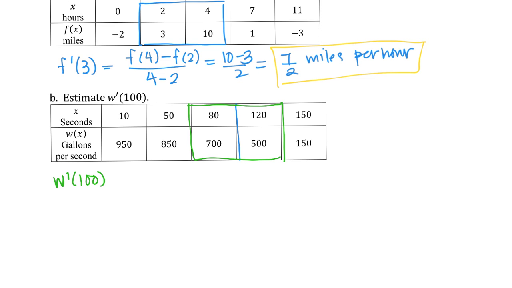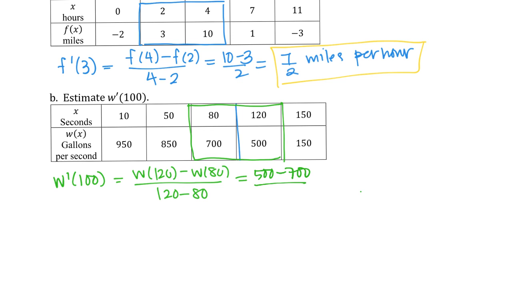So the derivative of W at 100 would be W of 120 minus W of 80 because that's just the information I have. Okay, W of 120 is 500. 500 minus 700 over 40, which is about negative 50.